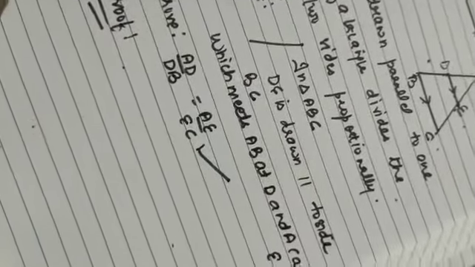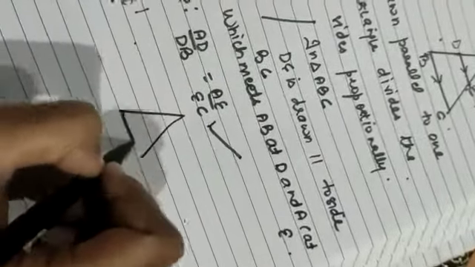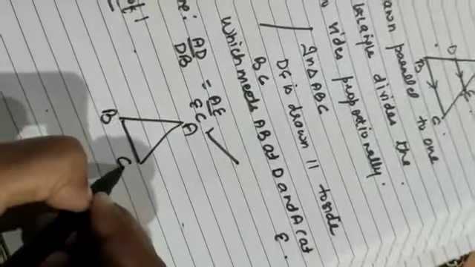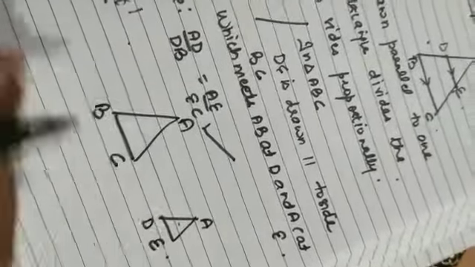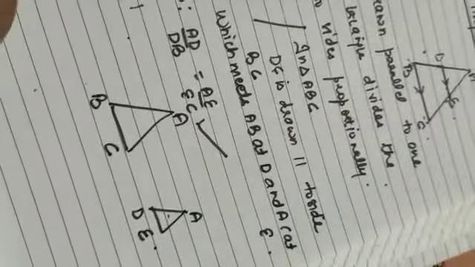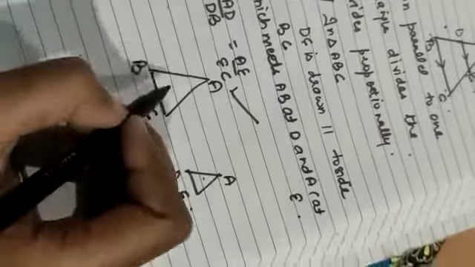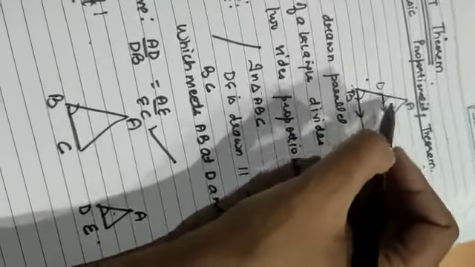Now look, if we talk about triangle ABC and triangle ADE, I have separated these two triangles ABC and ADE. Angle B equals angle D. Look here, angle B and D are equal. Why are B and D equal?